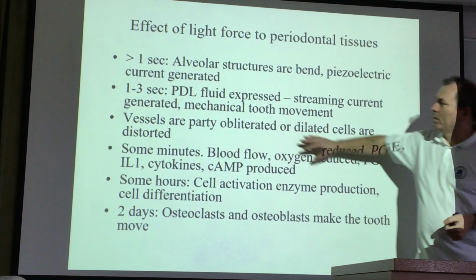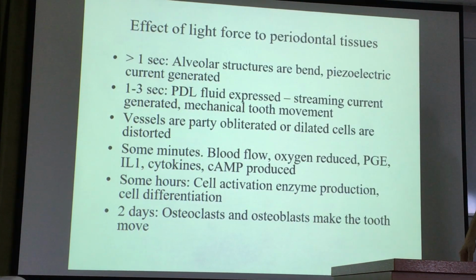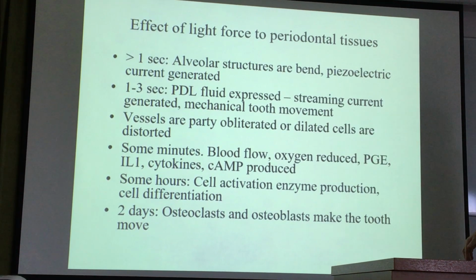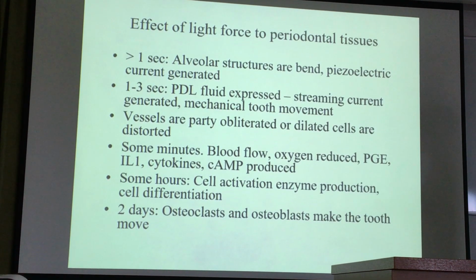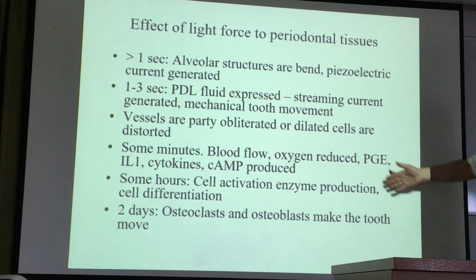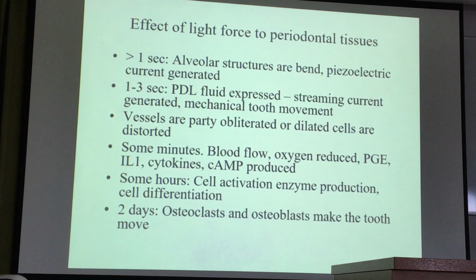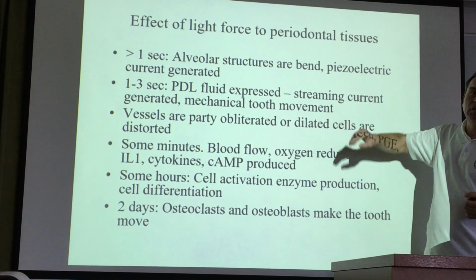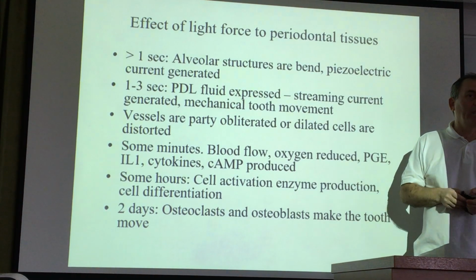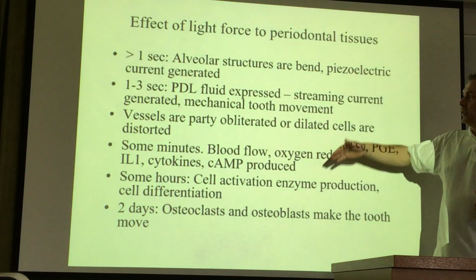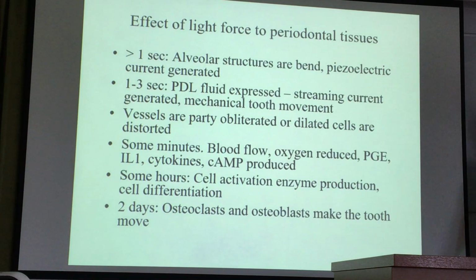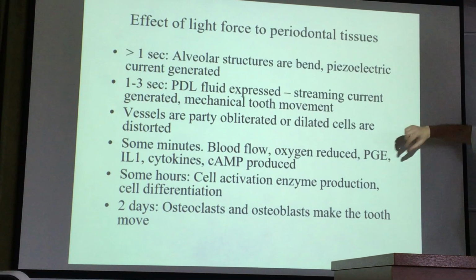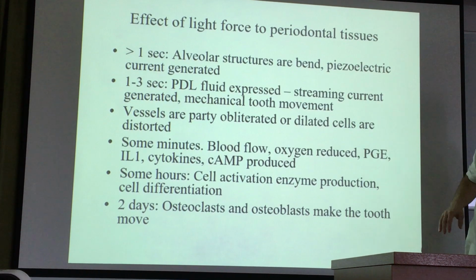Okay, and in some seconds, the PDL fluid is under pressure, of course, on the pressure side, and because this fluid is under pressure, you will see that the fluid is streaming inside the periodontal membrane, and this fluid stream could generate again streaming potential inside the tissues.